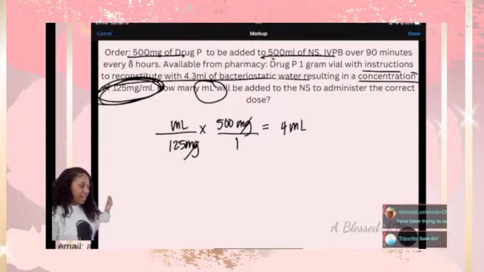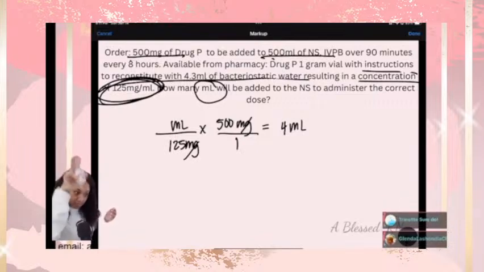Okay, so that's what all of that means. But it doesn't matter right now, because we just want to know how many milliliters to pull out of my AirPod case.